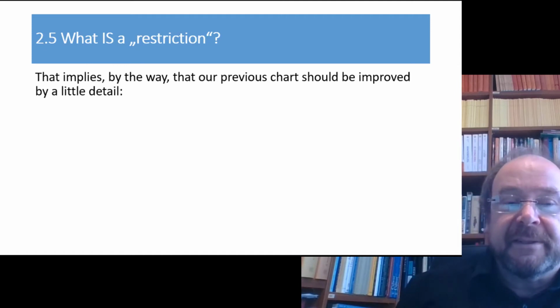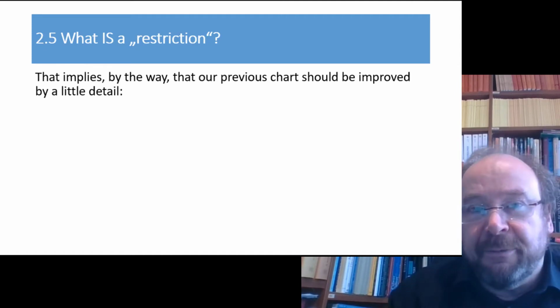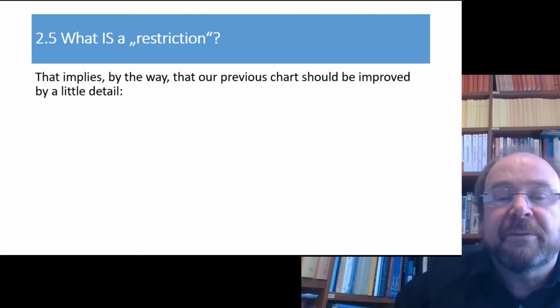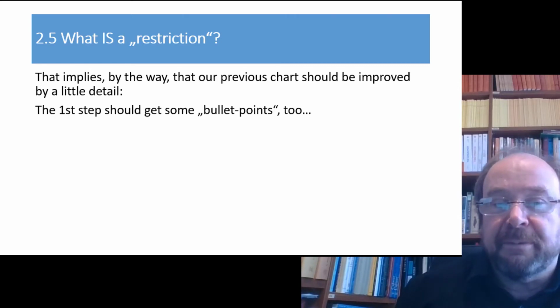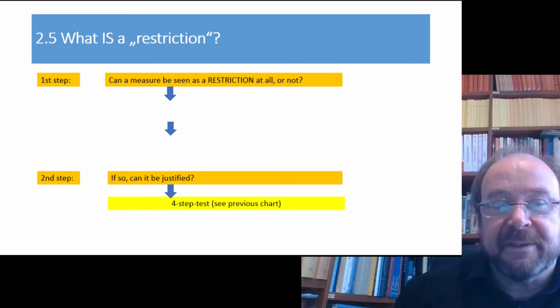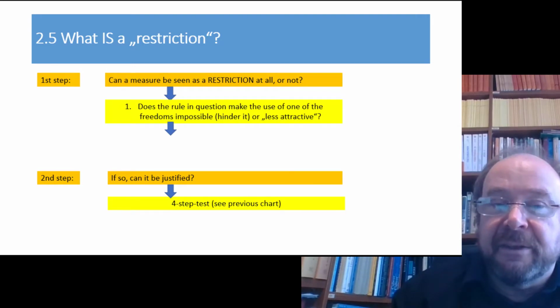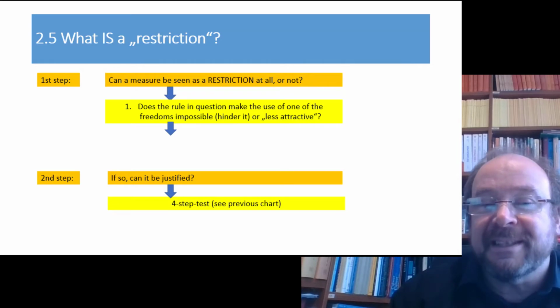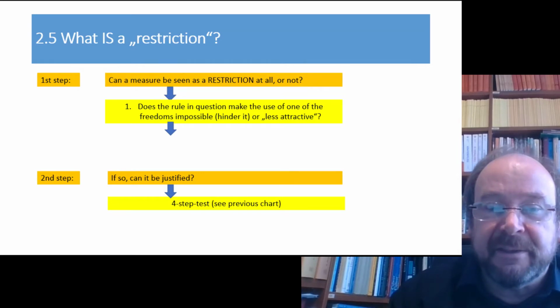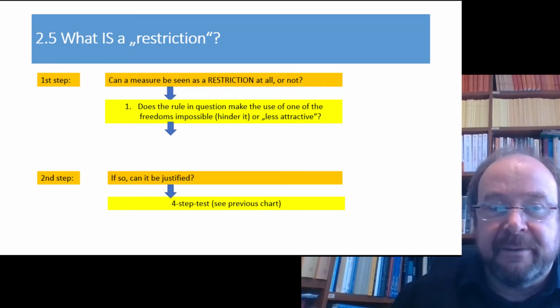So if we take that into account, we might even improve our previous chart by a little detail. The first step should get some bullet points, not only the second one. So the first step is: does the rule in question make the use of one of the freedoms impossible, so hinder it, or less attractive?